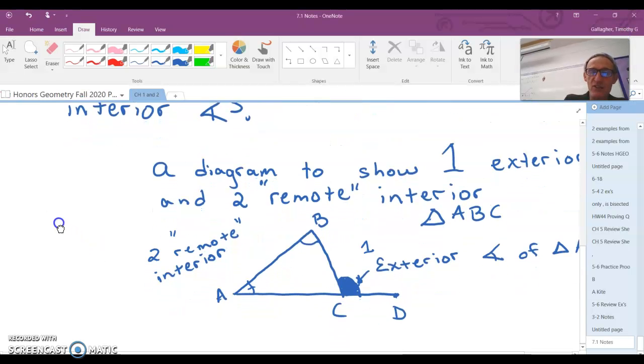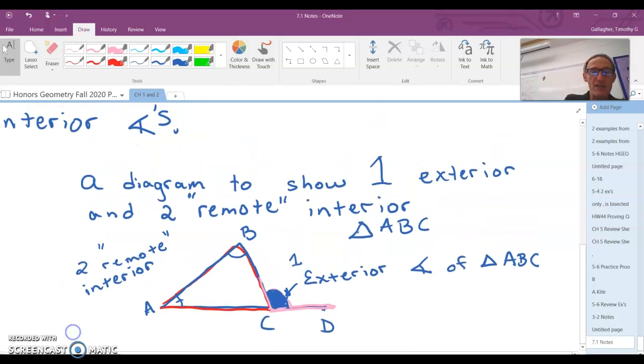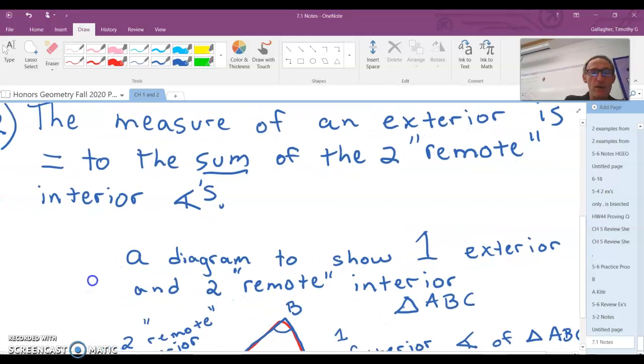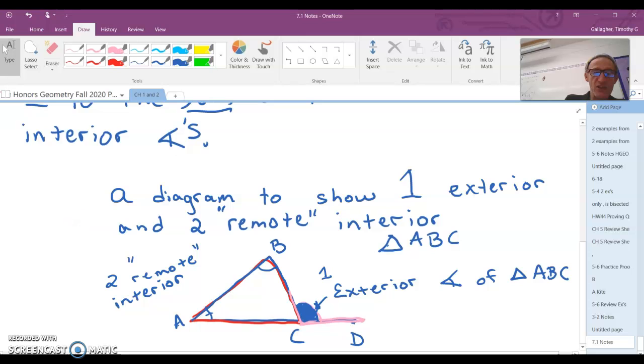So in this triangle, these 2 angles are inside the triangle. This angle is outside the triangle. So that theorem says that the measure of the exterior angle is the sum of these 2.